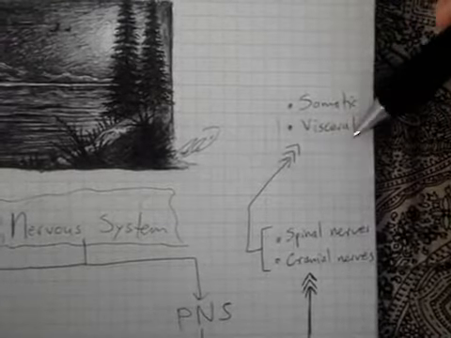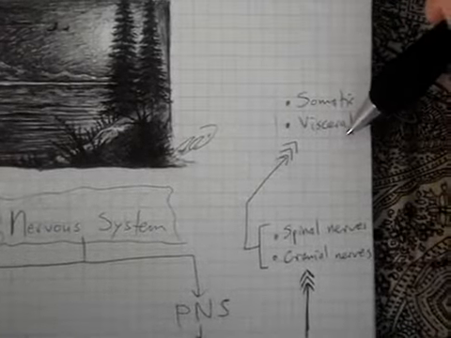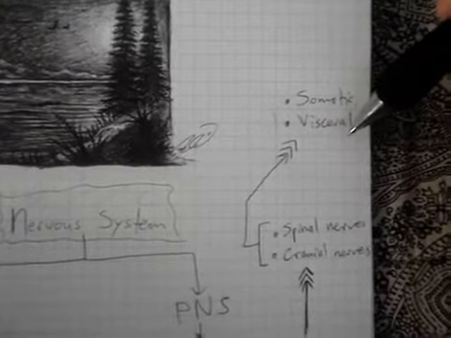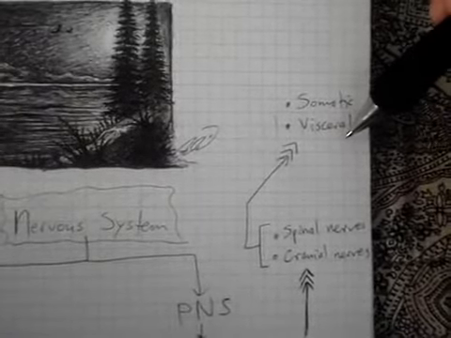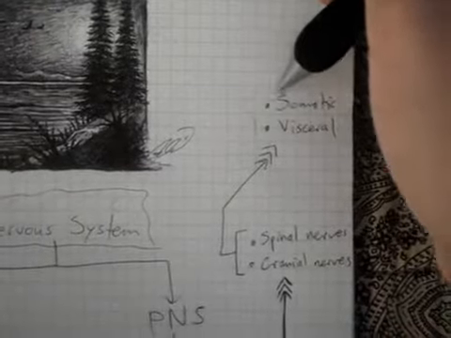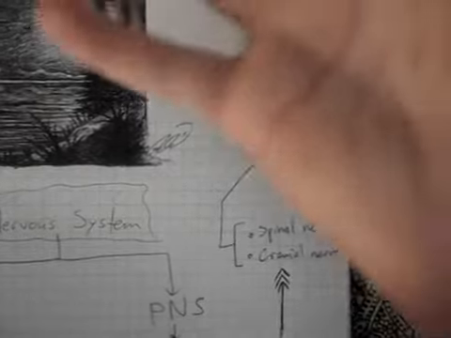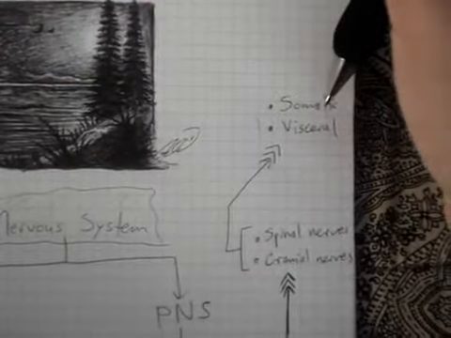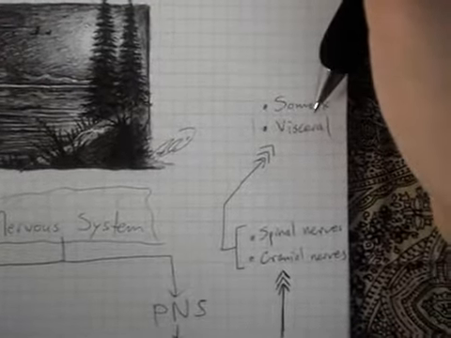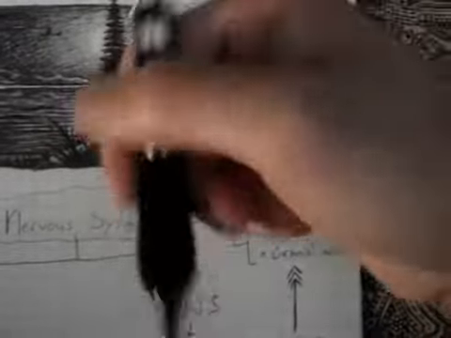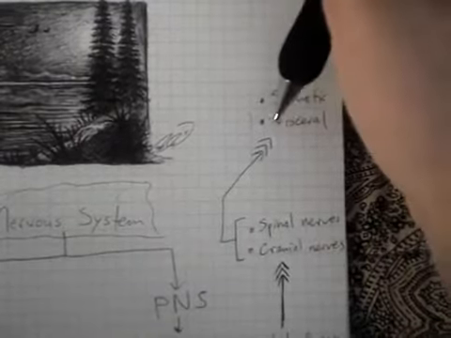Visceral neurons are associated with visceral organs, internal organs, as well as glands. You can have sensory and motor within each of these, so you can have somatic sensory, an example is the sensation of pain. Somatic motor, for example, movement of my hand, the skeletal muscle of the hand.